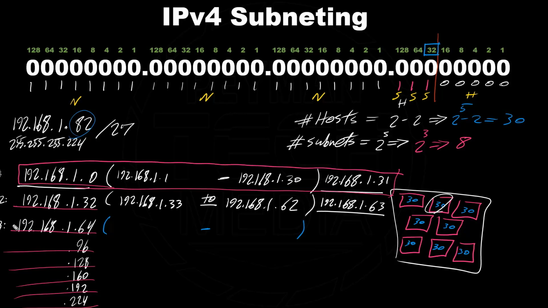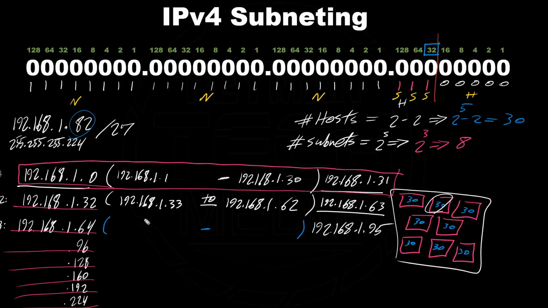And the broadcast for the third subnet is one less than the next subnet. 96 is the next subnet, so it is 192.168.1.95. So 1.95 is the broadcast address for this subnet, and this IP address 1.82 falls into the 1.64 network.